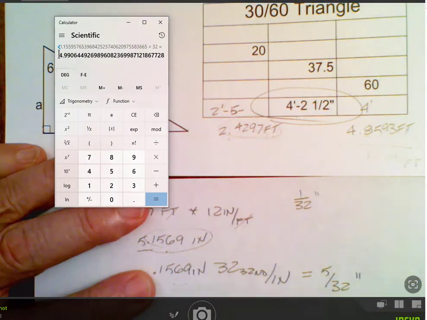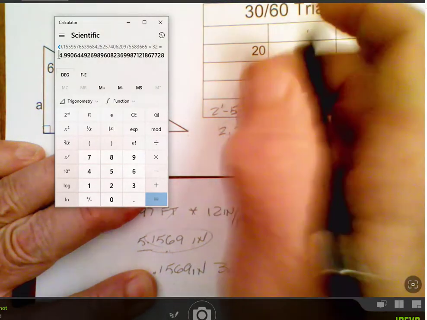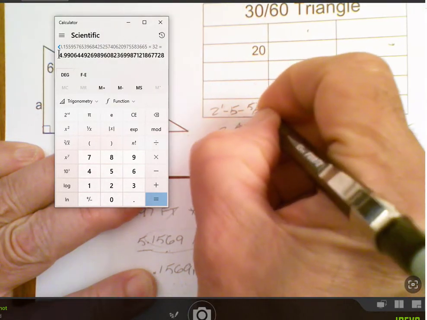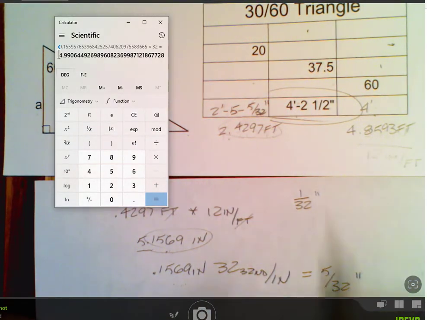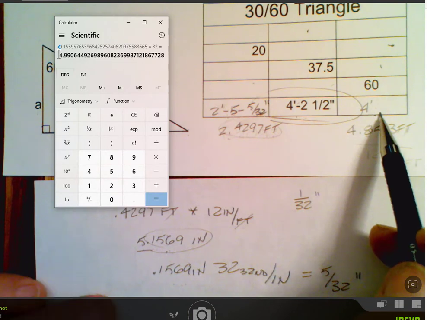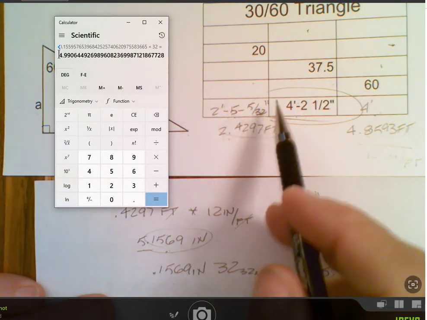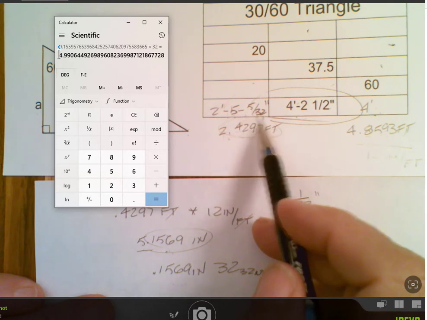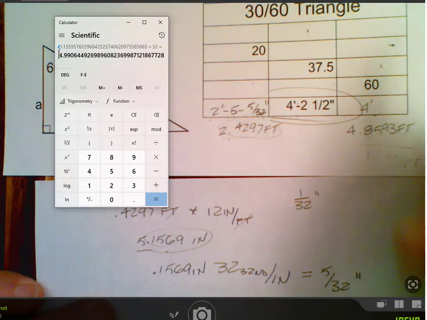So right up here, erase a little more of that. Right up here we're going to put 5/32 and then the inch mark, and that's how you would write that. Now you just have to double that value over here. If you doubled that, it would be 10/32, which would be 5/16. Double that, it'll be 10, which is 10 inches. Double that, it'll be 4 feet.